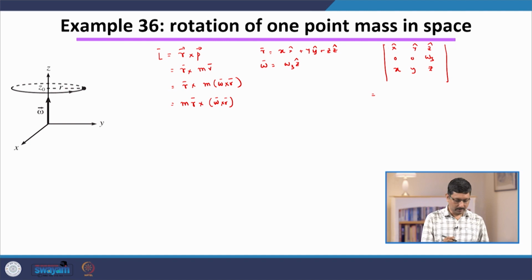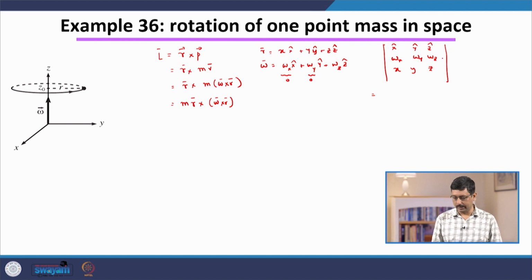So, let us take the more general case. Let us assume that omega has these components. Given that this is 0 and this is 0, we want to deliberately keep it general to get the structure correctly. So, this is the most general case.